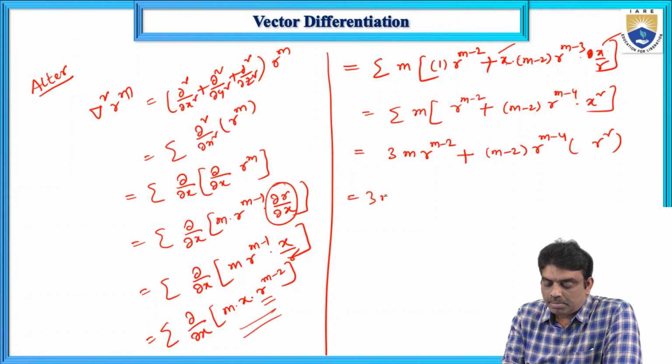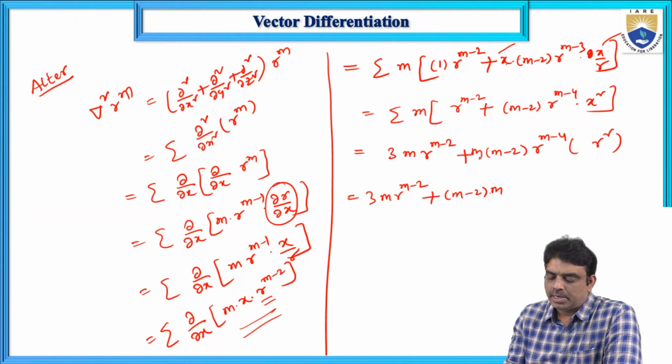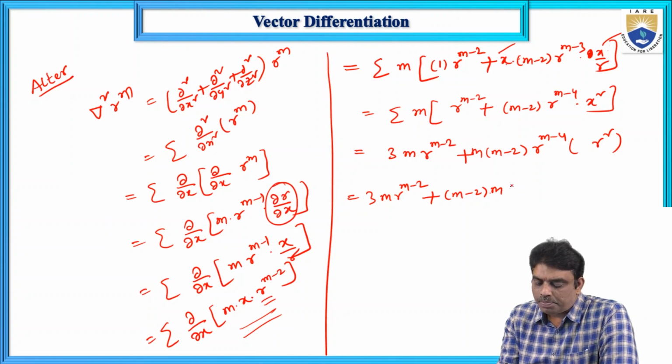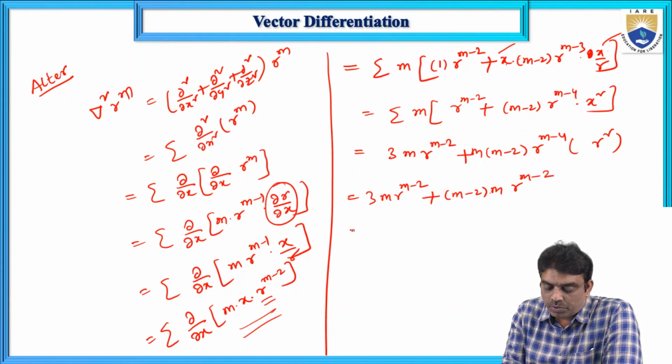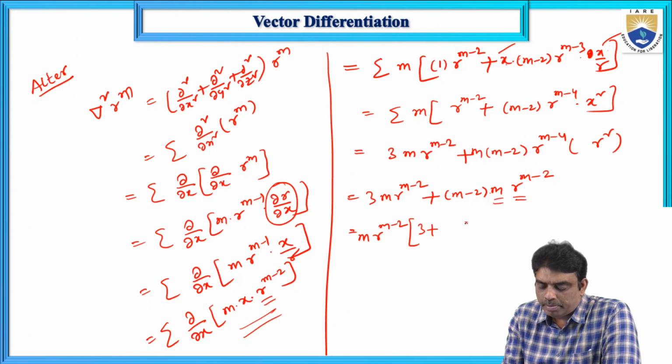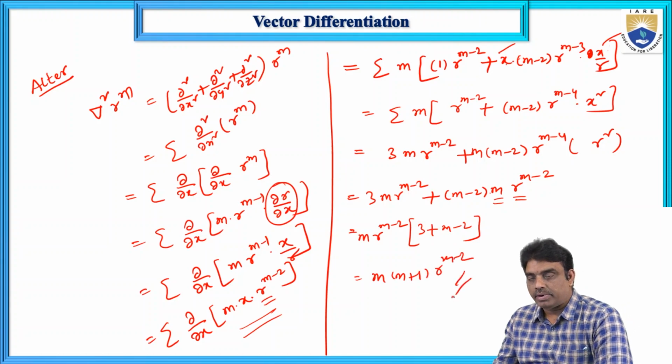So 3m r power m minus 2 plus m minus 2, here m is also there, m into m minus 2 into r power m minus 4 plus 2, that means r power m minus 2. Now I can take out m into r power m minus 2 and taking outside, you will get 3 plus m minus 2, or m into m plus 1 into r power m minus 2 is the required solution.